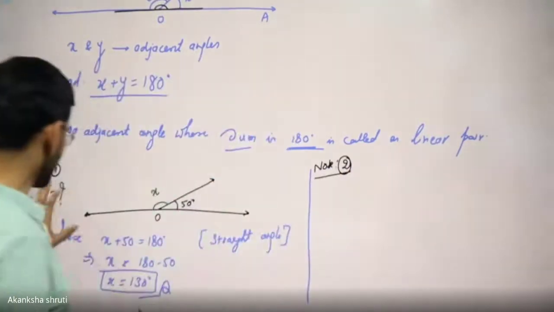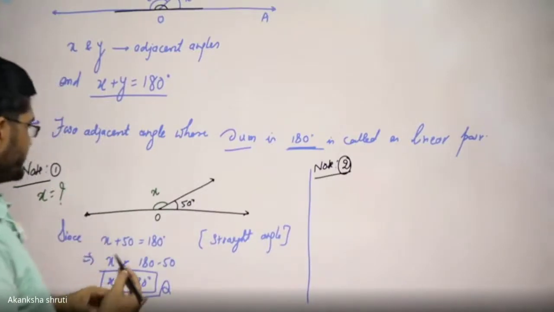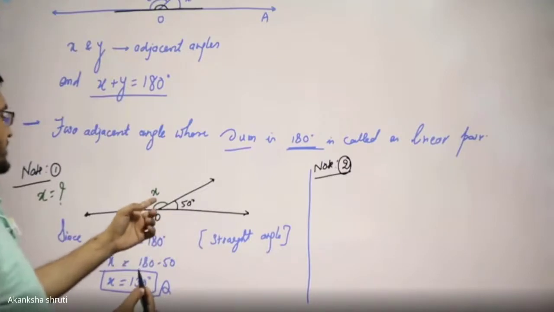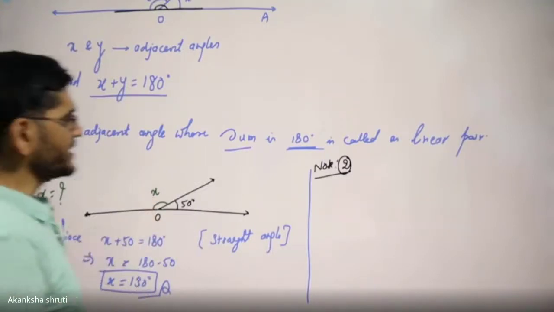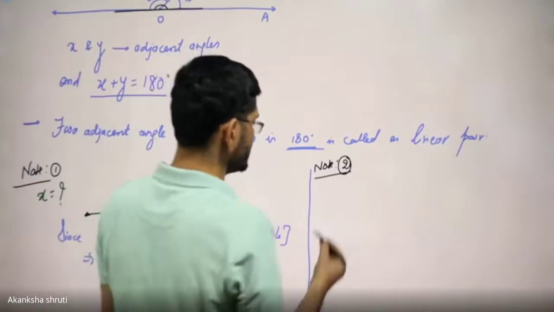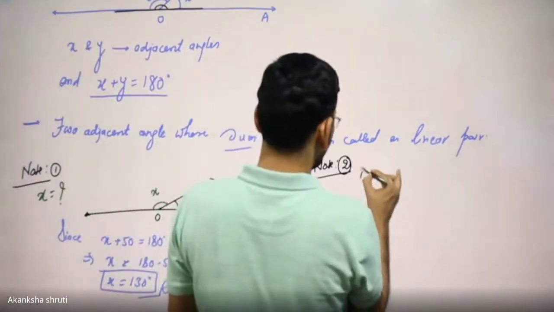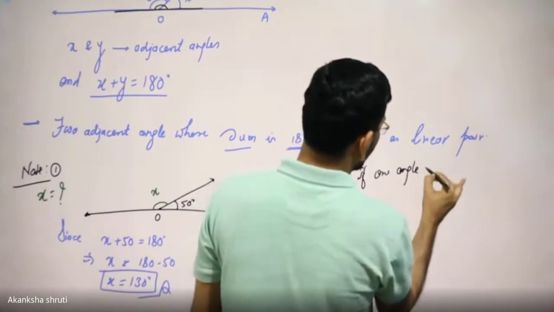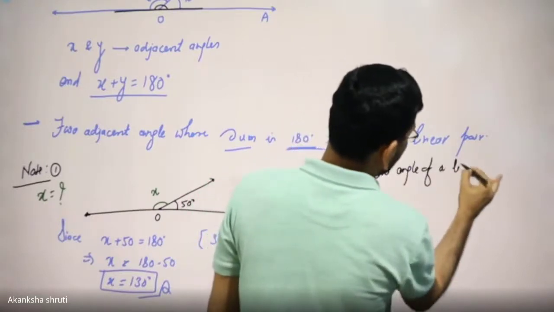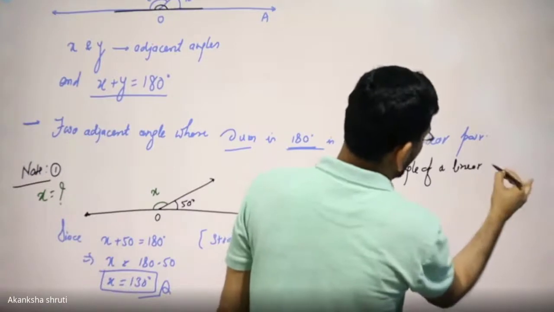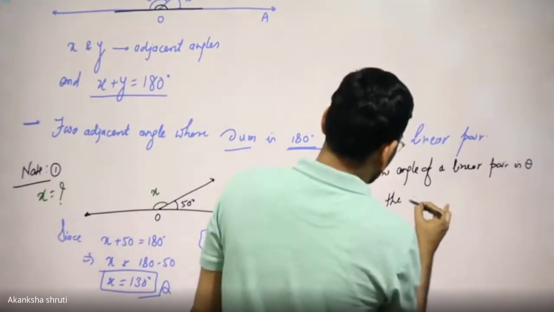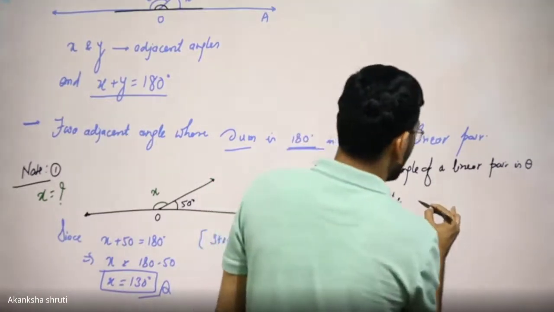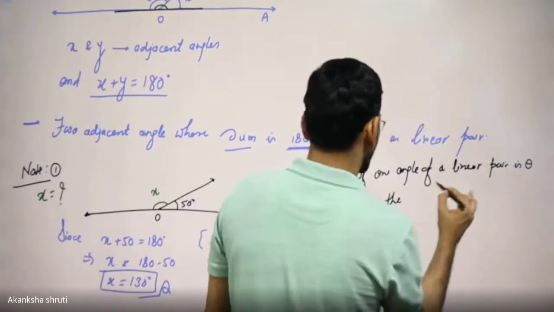In note 1, I have explained, if one of the angles is given, then what will be the other angle for the linear pair? The same thing we can conclude: if one angle of a linear pair is theta, then the other angle of this linear pair will be 180 minus theta.